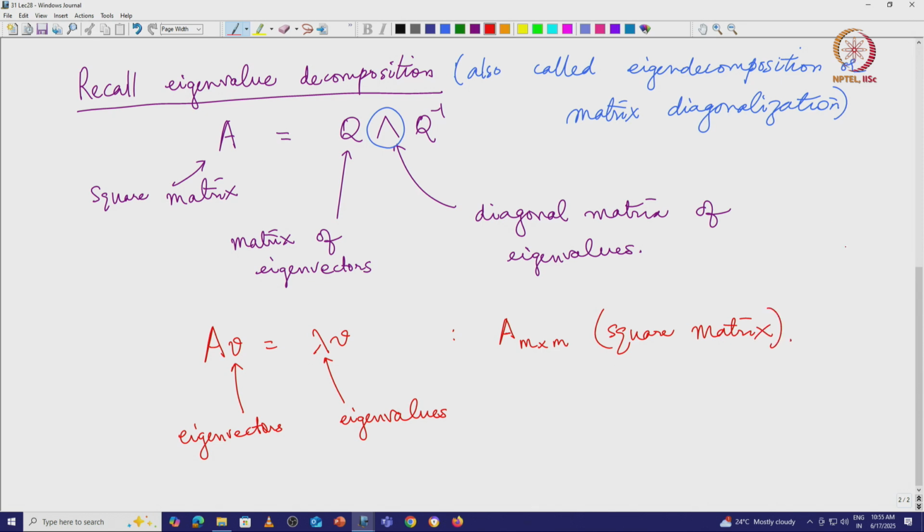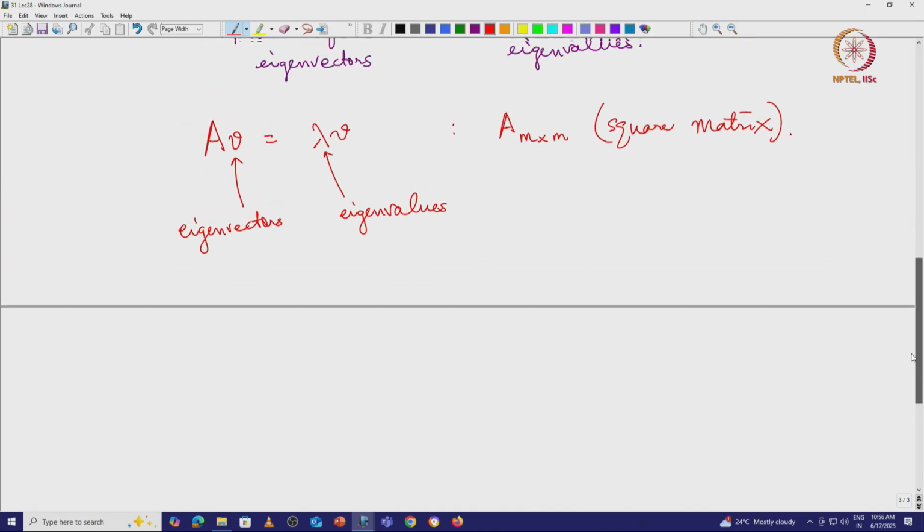Now, there are certain specific requirements for eigen decomposition to exist, and also under certain specific cases you can say something more about this matrix Q, which is the matrix of eigenvectors. So, let us look at some of these specific scenarios. There are some notes.